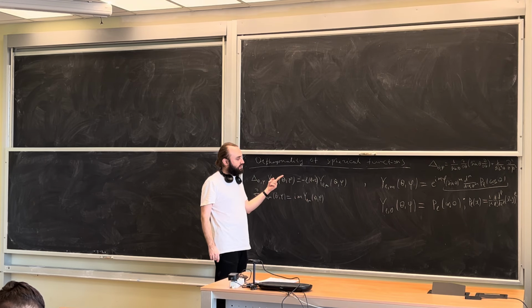As you remember, the measure on R3 written in polar coordinates looks like this: r squared dr d phi sine theta d theta.